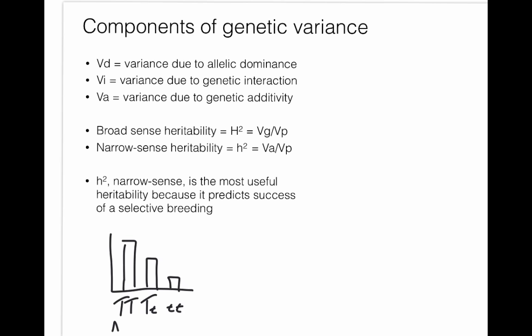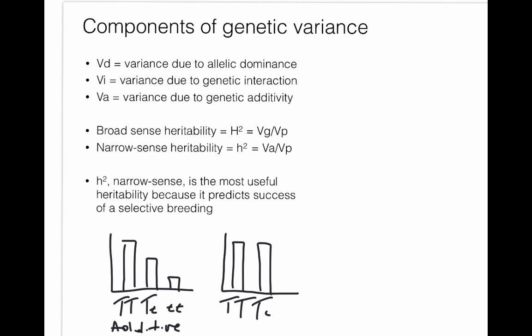We call this additive. But remember, there was another one with which we're quite familiar, which is the dominant manner of inheritance, where the big T little t is identical in phenotype to the big T homozygous. Now this is dominance.